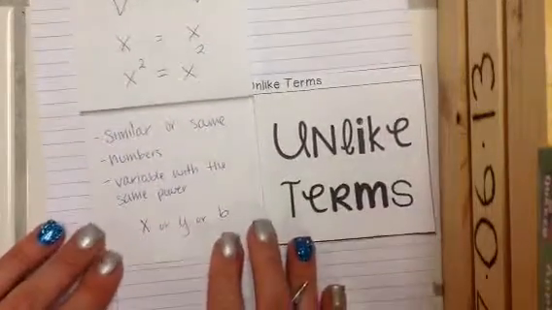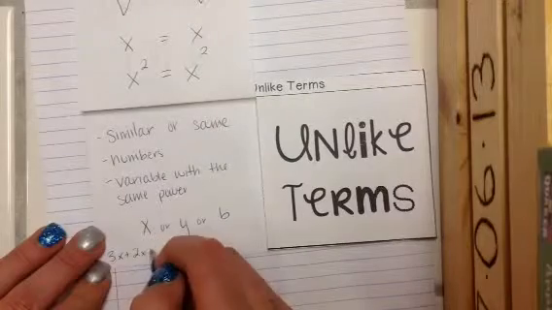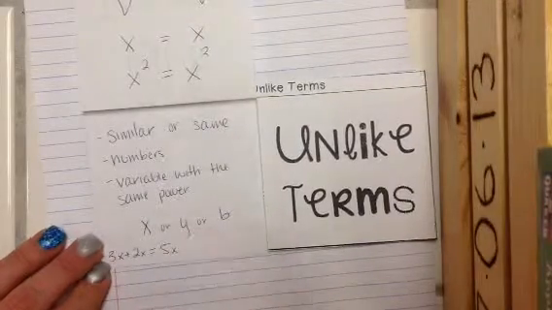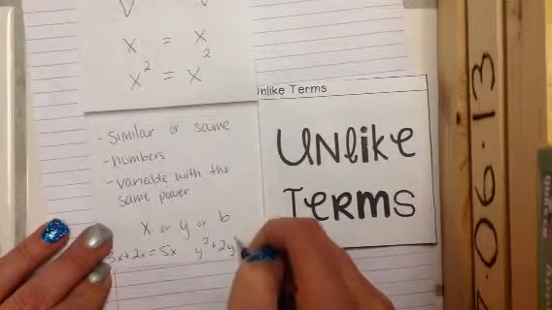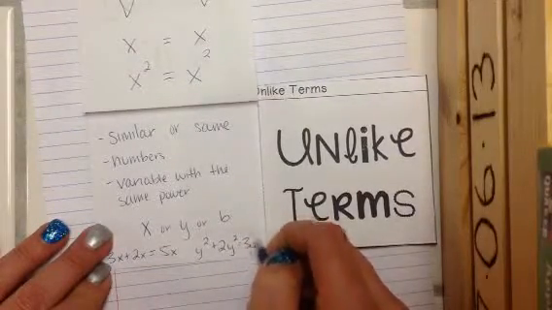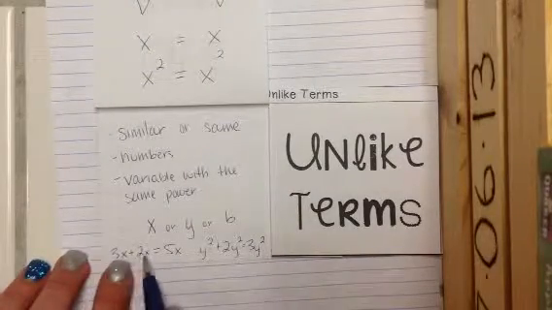But in order for them to go together, we'd have to have like 3x plus 2x, which would be 5x. Or we'd have to have y squared plus 2y squared, which would give me 3y squareds. I have 3 x's, I have 2 x's.